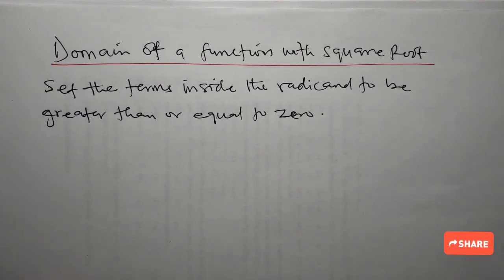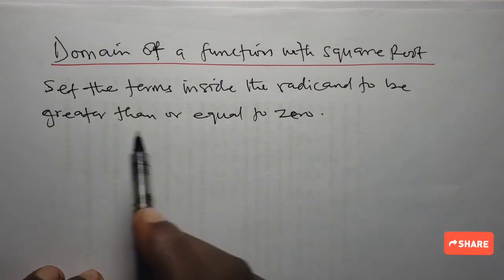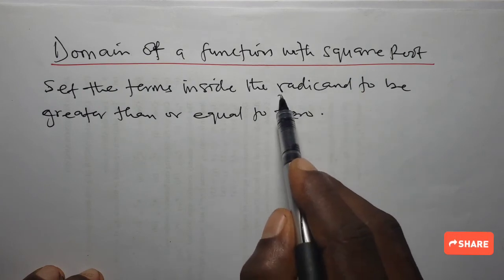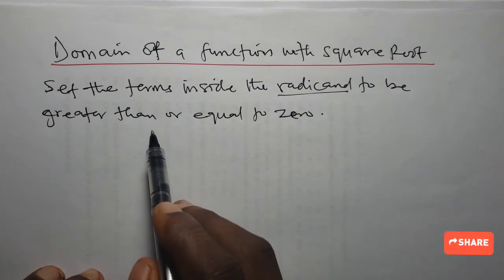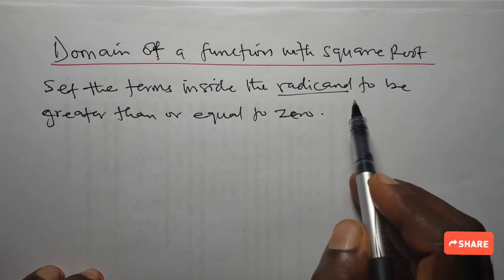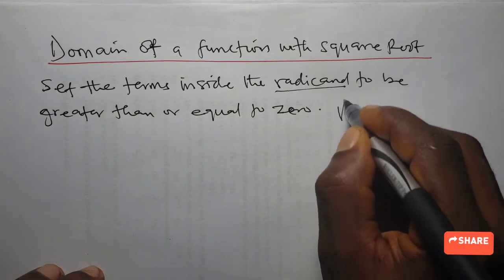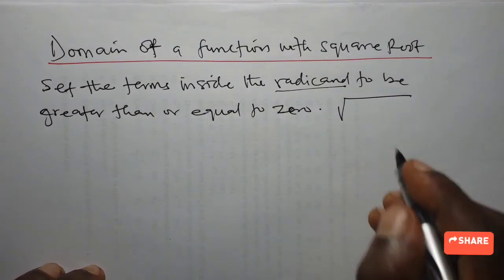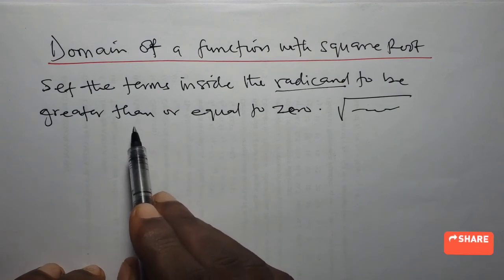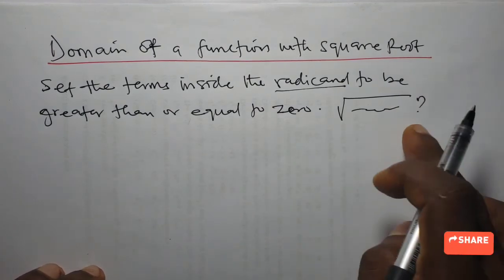Now, if we have such a function, to find the domain, you set the terms inside the radicand to be greater than or equal to 0. And what's the radicand? Radicand simply means what is under the square root sign. So whatever values you have there, you set them to be greater than or equal to 0. Now the question is, why do we really do this?